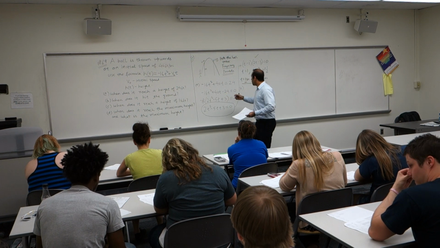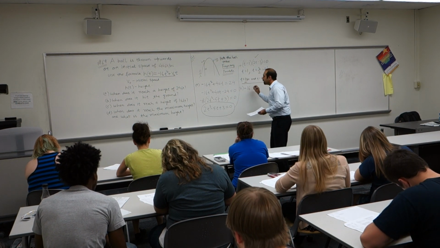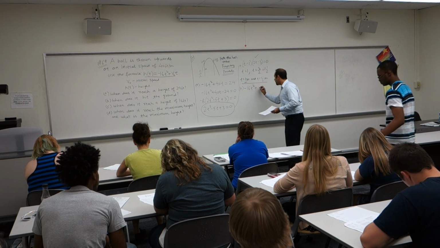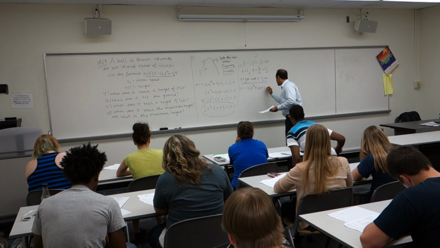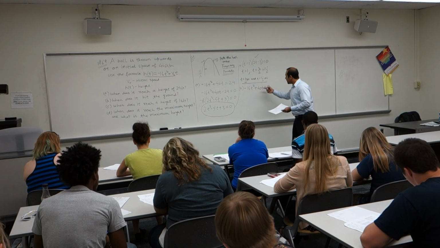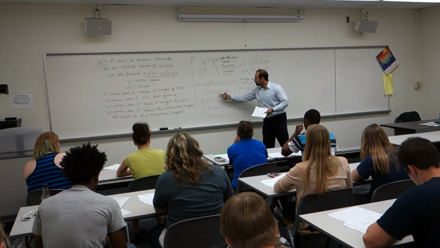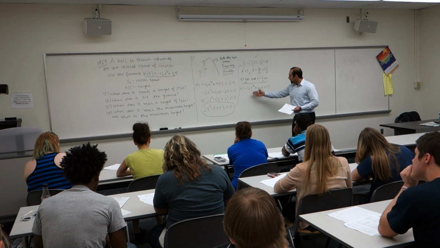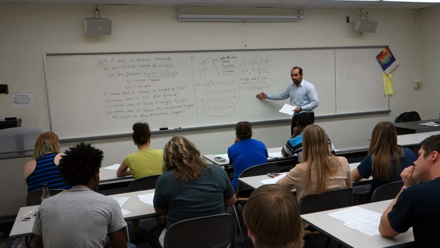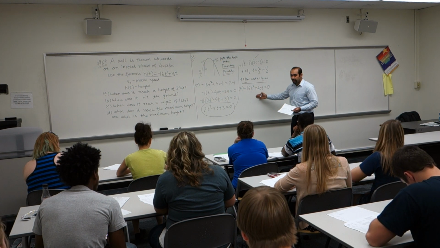0, simply 0. So we have negative 16t squared plus initial speed 40t, and the right hand side will be 0. This is much simpler than the previous form, right? In this case, how would we solve for t?